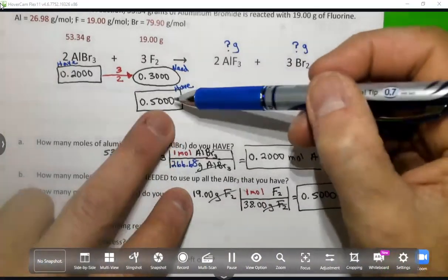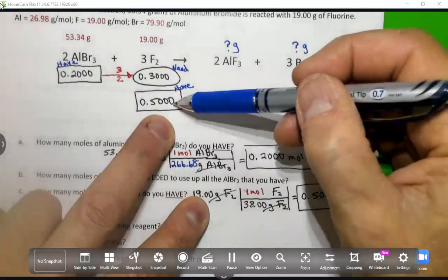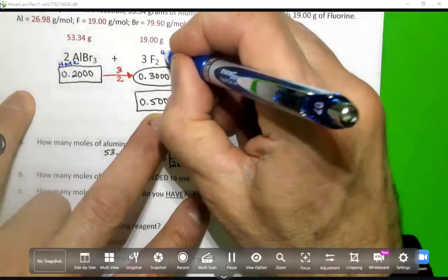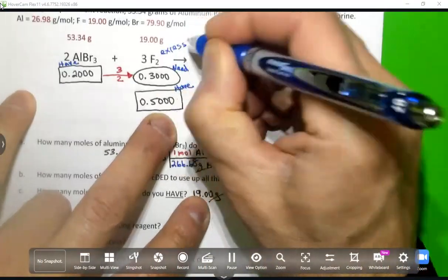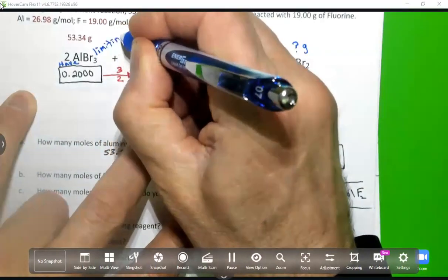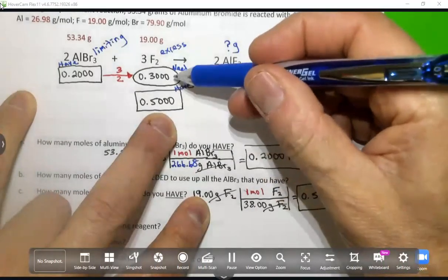Do you have enough fluorine? You have more than what you need, right? Therefore, write the word excess here. Write the word limiting here. You have more than what you need.